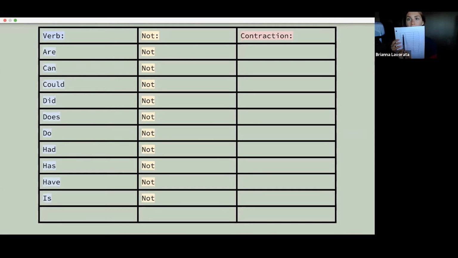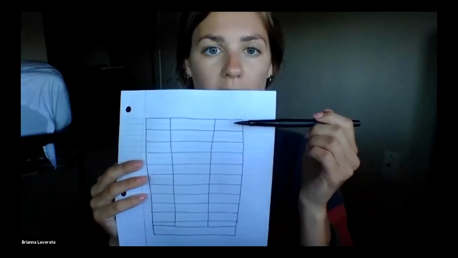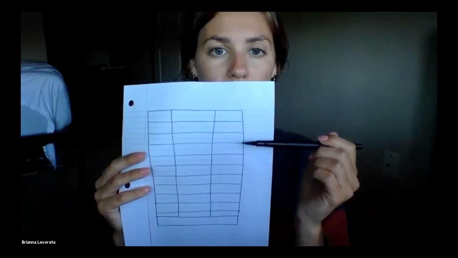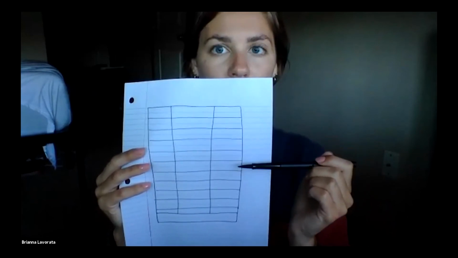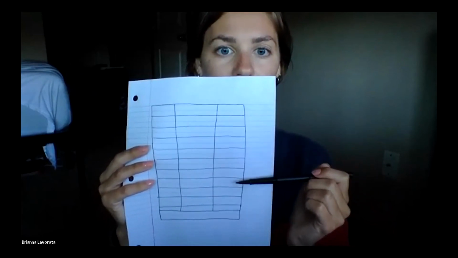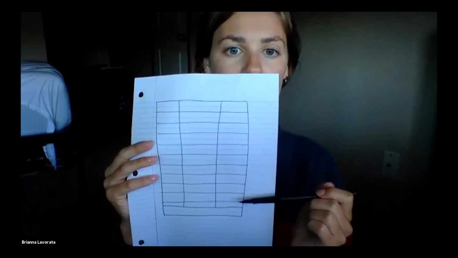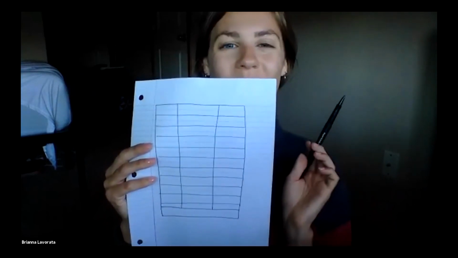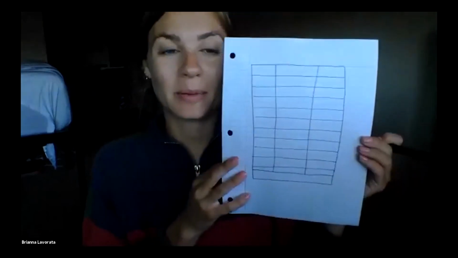So I have 1, 2, 3 columns, and I'm going to count down and make sure I have 12 rows. So I have 1, 2, 3, 4, 5, 6, 7, 8, 9, 10, 11, and 12. Great. So I hope your paper looks just like this.